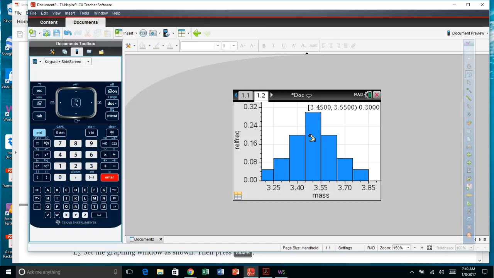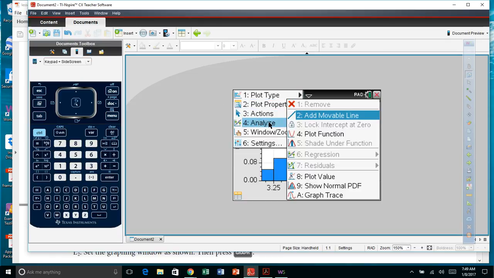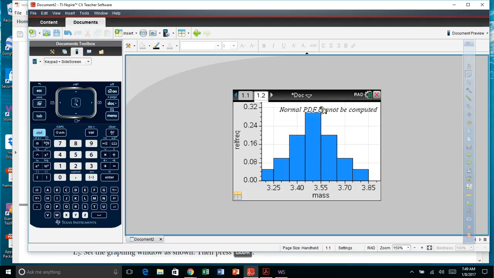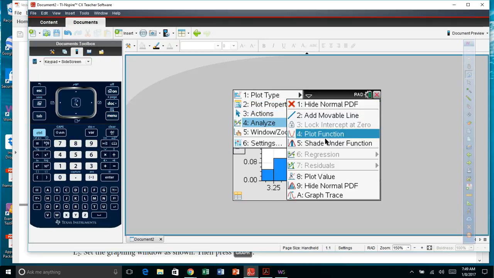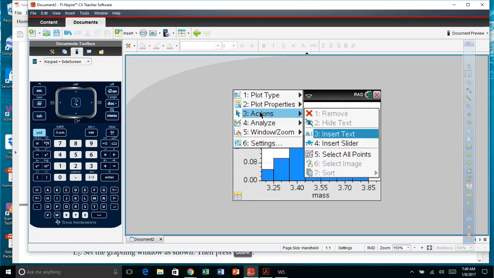Okay. Now to draw the normal curve, press menu, 4. Now sometimes this works and sometimes it doesn't. Press 9, and normal PDF cannot be computed. Okay, fine. Let's menu 4 and then hide that, and then menu 3 and select all points.